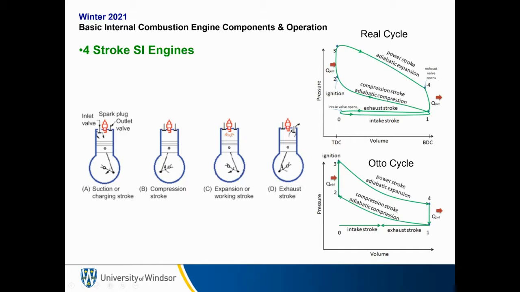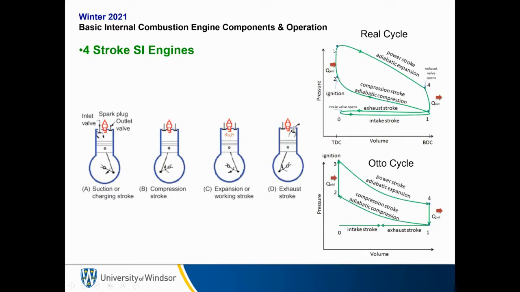Now, when we compare this with a real cycle, what actually happens in a spark ignition engine, we see that our really smooth curves and straight up and down lines are kind of curvy. When we look at the intake and exhaust, they don't exactly follow a constant volume process, so there are some losses in energy during the intake and exhaust. We see the compression stroke has a bit of a curve going up to state 2.